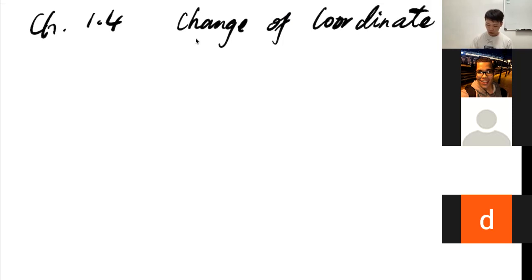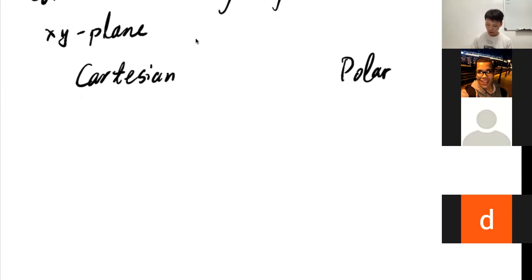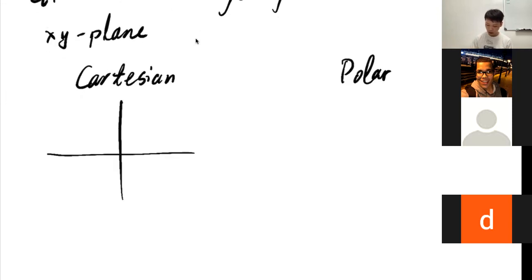So for example, this is the XY plane, between Cartesian and polar. Every point is determined by both its X coordinate and Y coordinate.